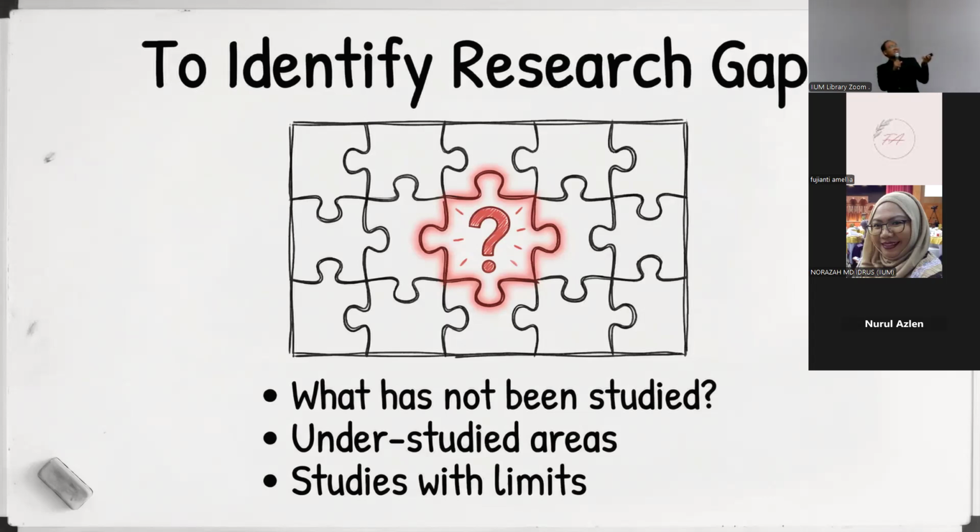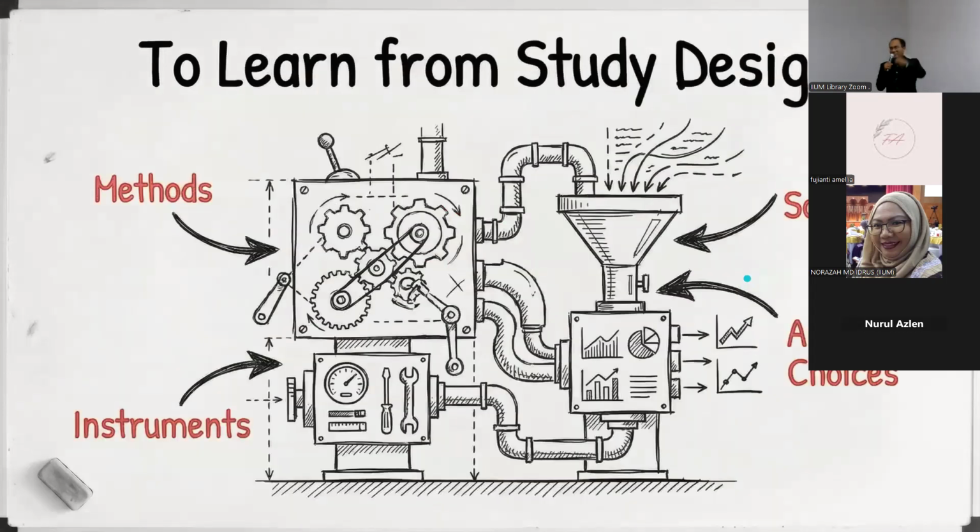All right. And we learn also, okay? Like you want to see the method, the data, the analysis they have, the instrument. So we want to see, is it a pass? For me, when I want to look for the method, the research I do it all. And I try to identify the design first, whether it is qualitative or quantitative, and who is the sample and the sampling method.